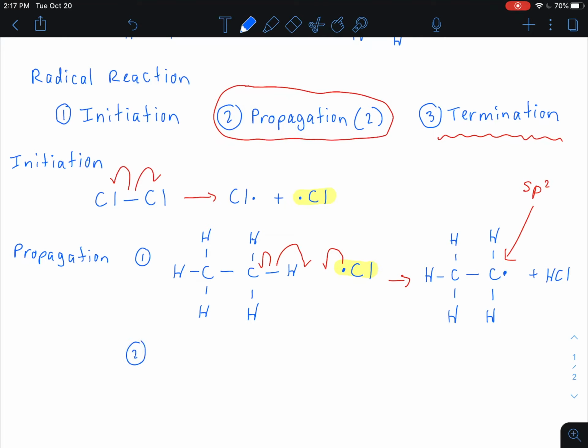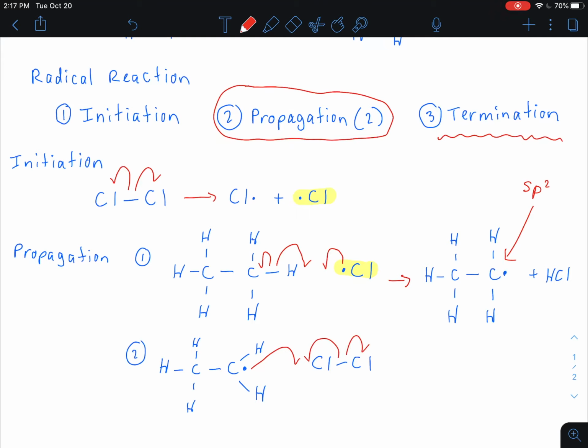So then what happens in propagation step 2? Well, now I'm going to use this radical that just formed and I'm going to react it with Cl2. So not chlorine radical, but Cl2.